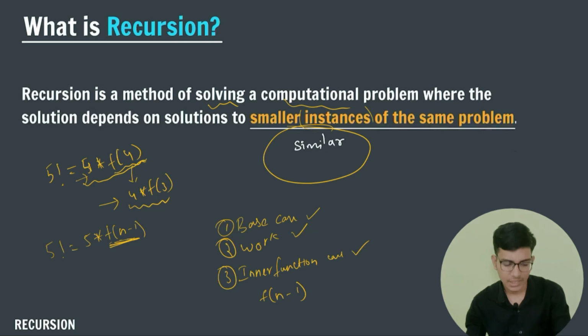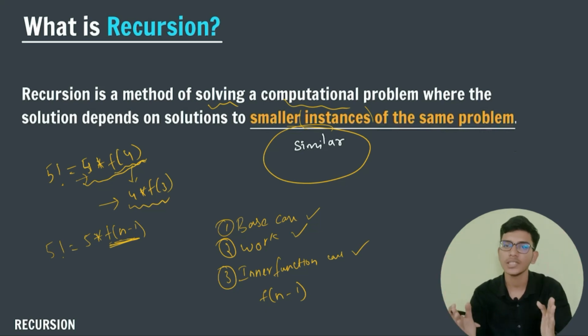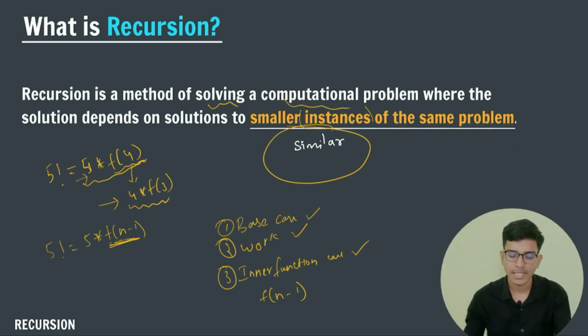Remember, guys, what is recursion? Recursion is nothing but this: to solve a huge problem, we break it down into small pieces, and we reach our base case, and from the base case we combine all our solutions to get our final solution. In memory, recursion happens in the form of a stack, like I am drawing here in a general way.